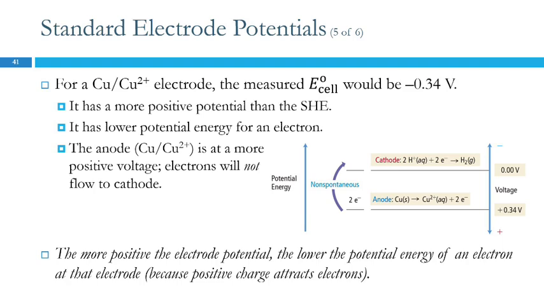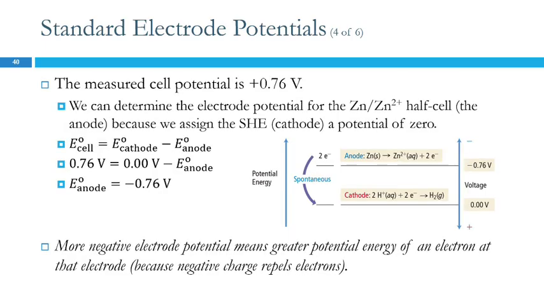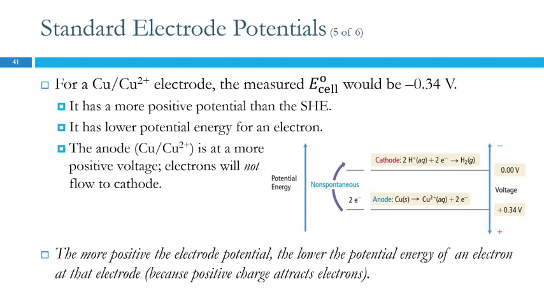If we measure a copper electrode, copper 2 plus, there's not a picture, no. We measure this relative to the standard hydrogen electrode. The cell potential will be negative 0.34. Here the cathode is the hydrogen electrode, and that's 0.